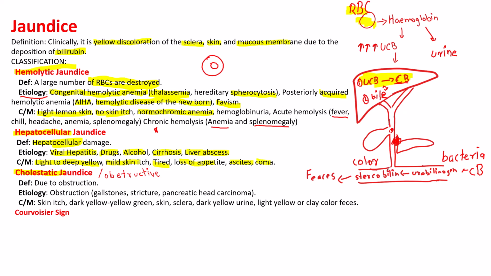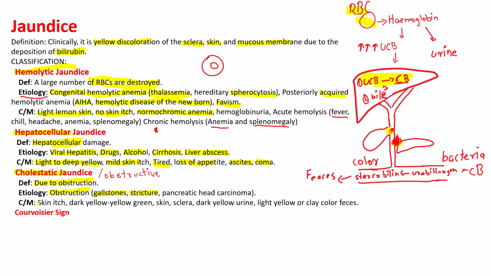This also leads to jaundice. So the etiology is obstructive diseases like gallstones, stricture, and pancreatic duct carcinoma. We have already discussed pancreatic duct carcinoma, and we also have gallstones here, which lead to cholestatic jaundice.